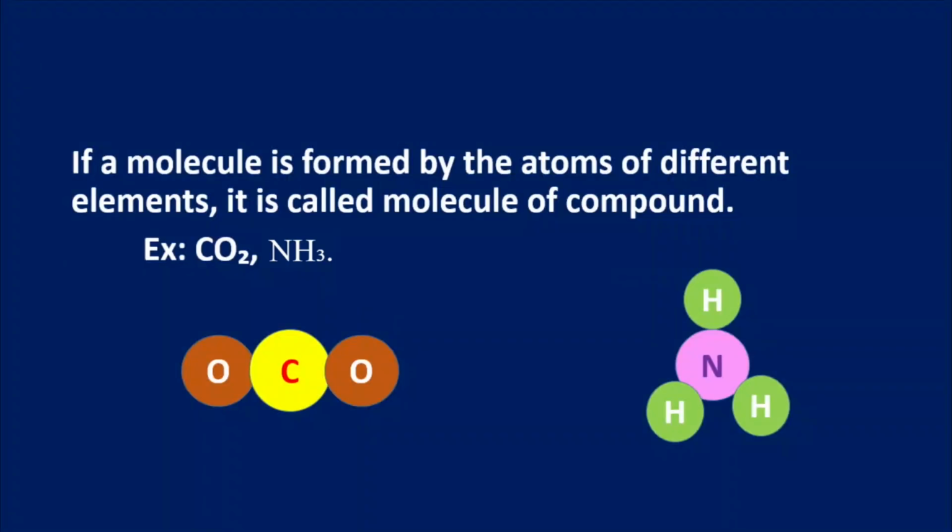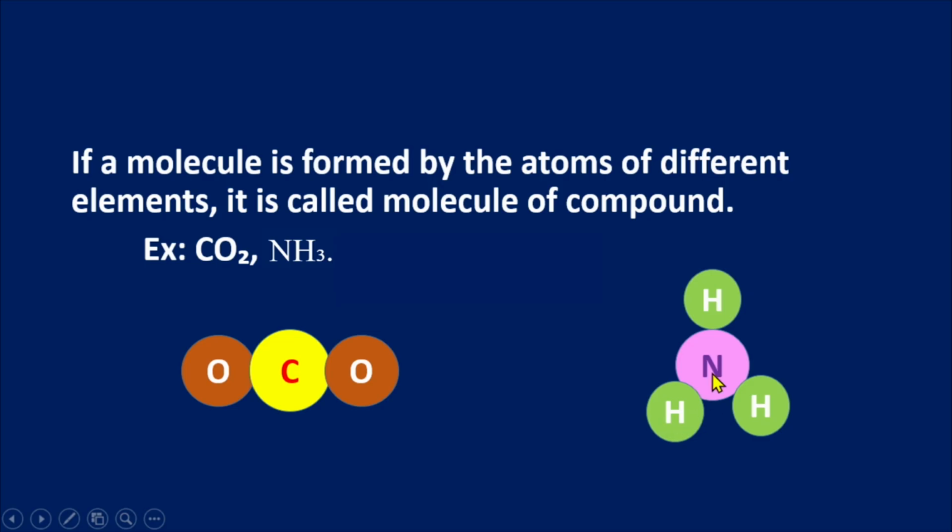If a molecule is formed by the atoms of different elements, then it is called the molecule of compound. Here the example of carbon dioxide can be taken. Carbon dioxide is formed by two different types of atoms, one of carbon and two of oxygen. They combine in a particular ratio to form this carbon dioxide gas. Right children? Again we have ammonia.